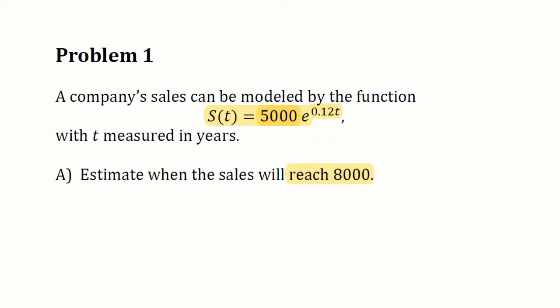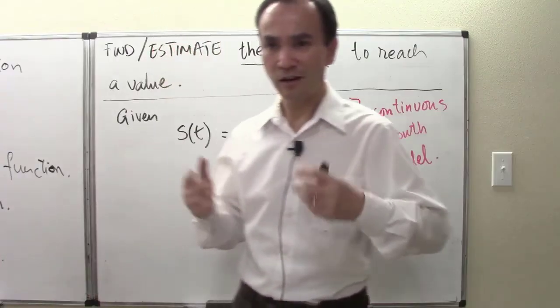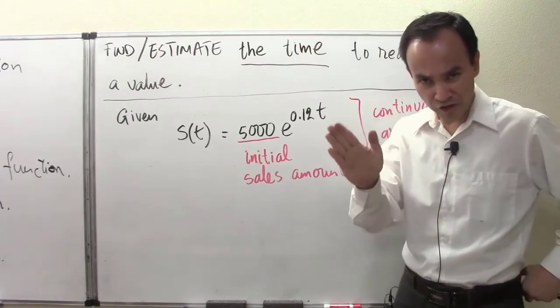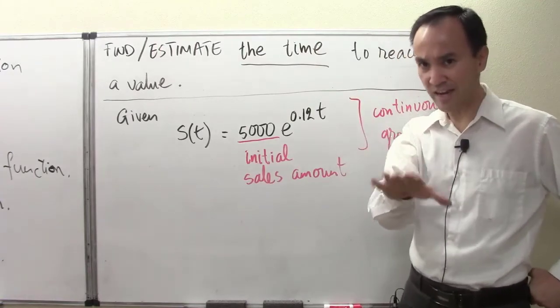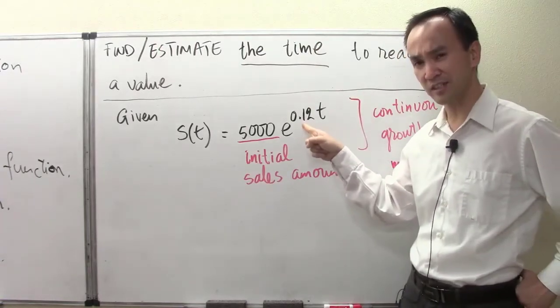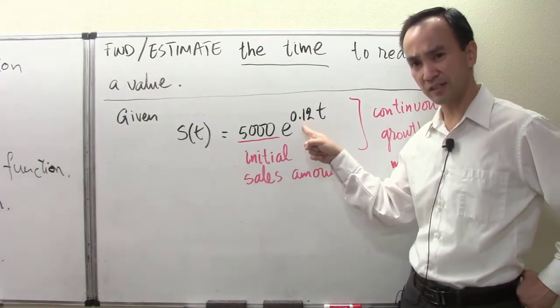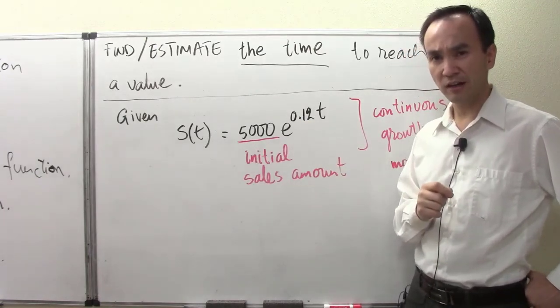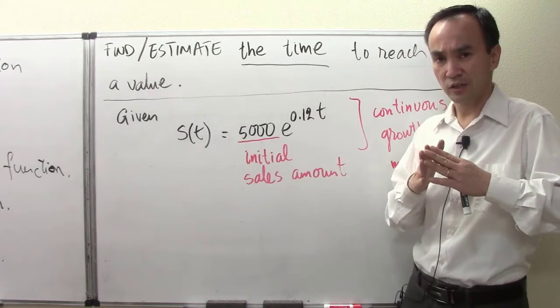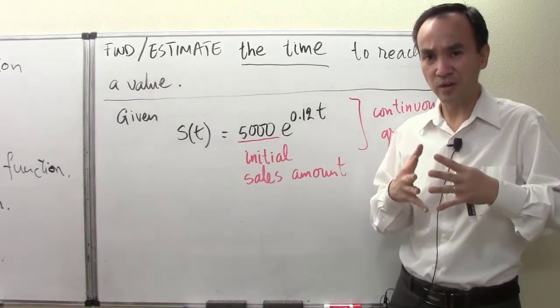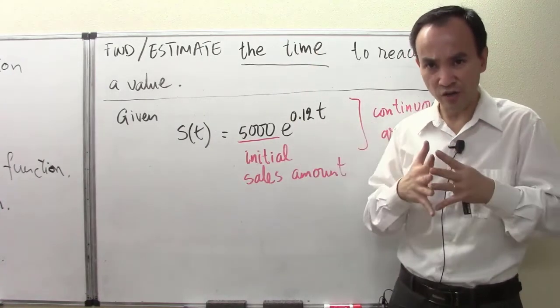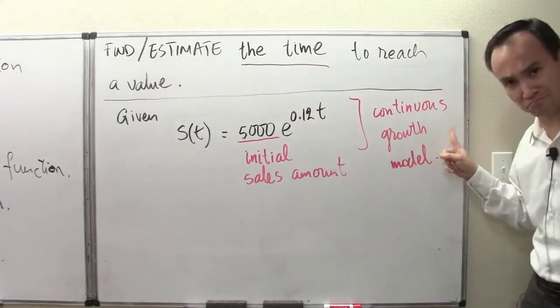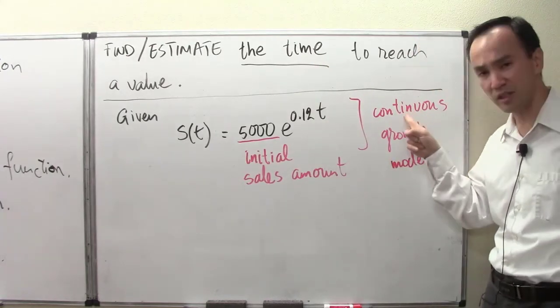All right. So think about the logic here. I noticed this is a positive continuous rate. Our function here is representing a quantity that's growing. So our sales amount is growing, and I stated it clearly here. It's a continuous growth model.